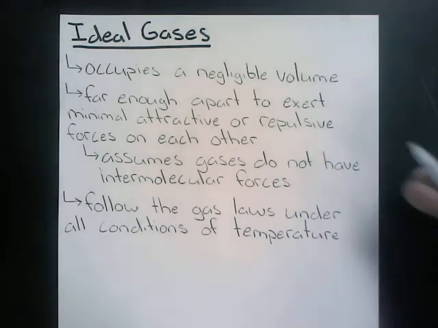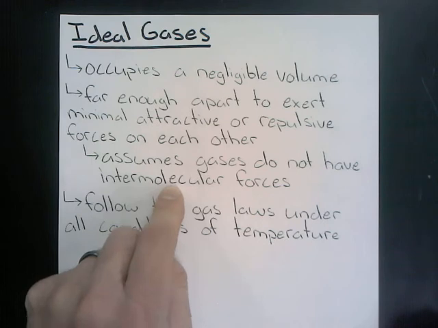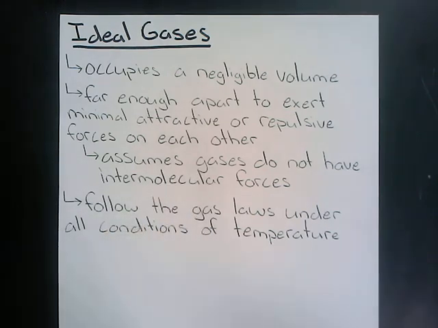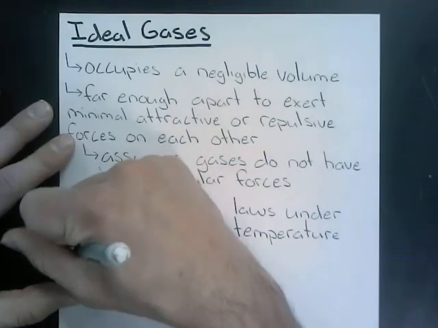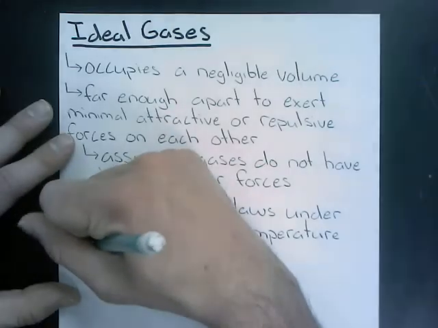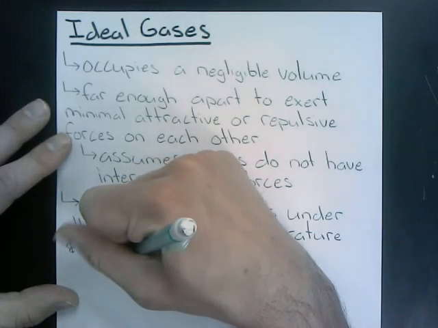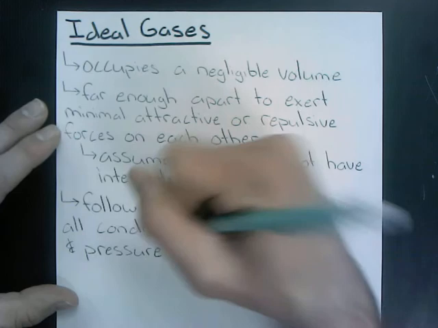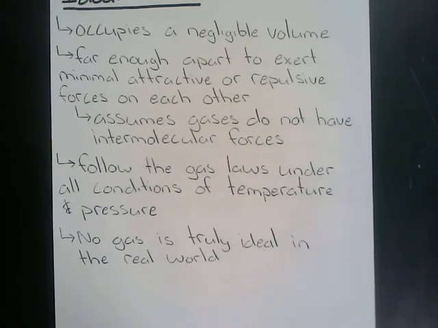Now, if we take all of these things into consideration, where something has no intermolecular forces, or they're going to follow those gas laws to the T under all conditions of temperature and pressure, we can say this: no gas in the real world is actually ideal. Now, if no gases are truly ideal, what makes a real gas different from an ideal gas?